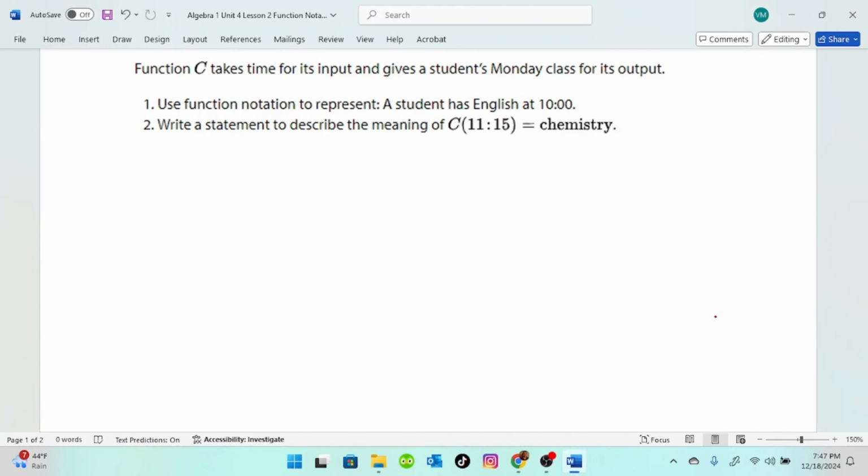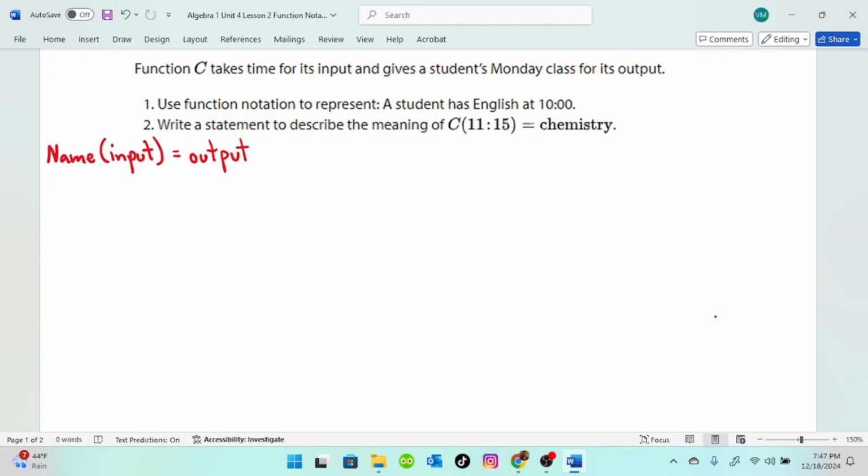Our next practice problem: function C takes time for its input and gives a student's Monday class for its output. So I just want to make sure you remember function notation is name, in parentheses, input, equals output.